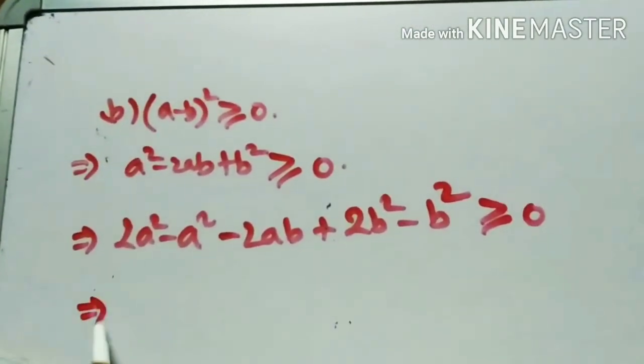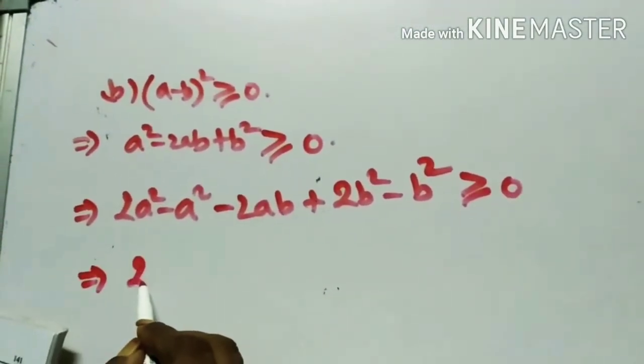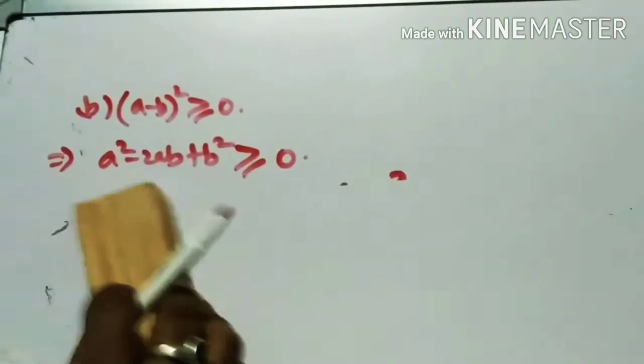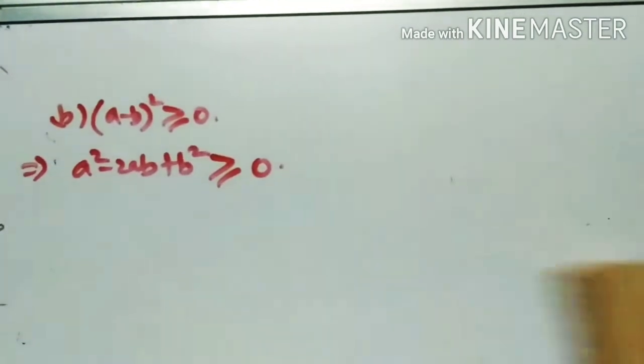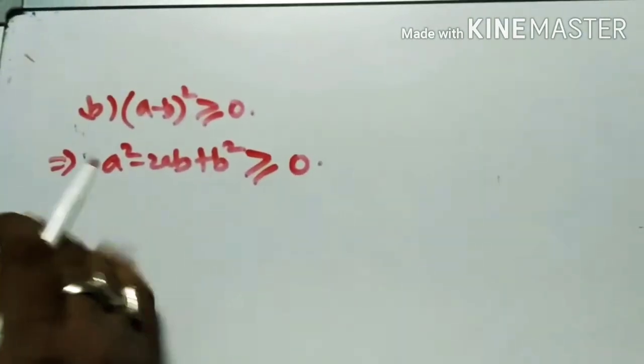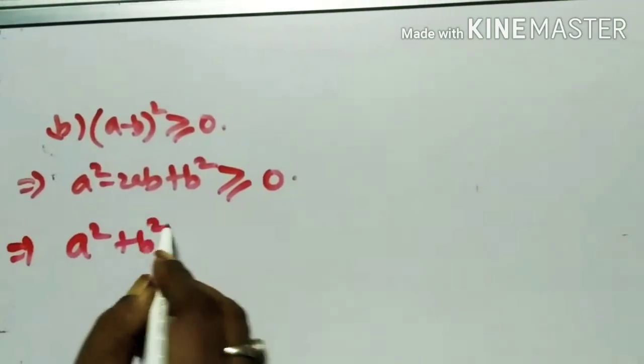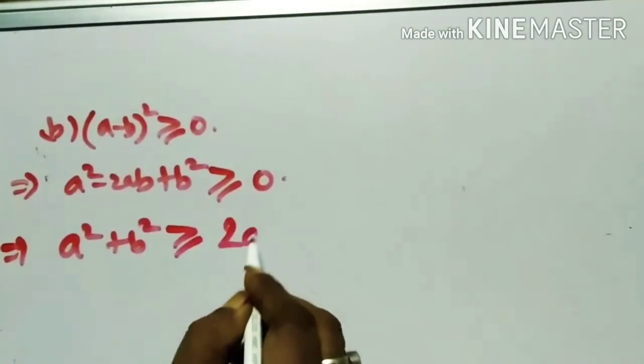One minute. There is a slight mistake. See, I will write this as a square plus b square greater than or equal to 2ab.